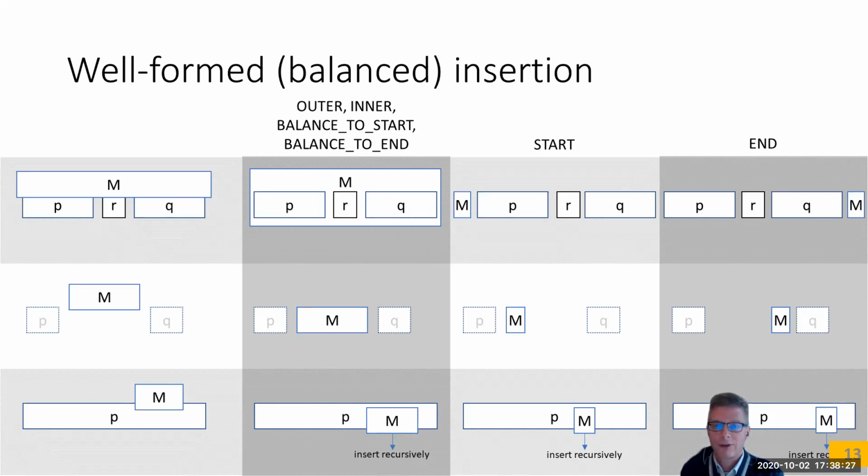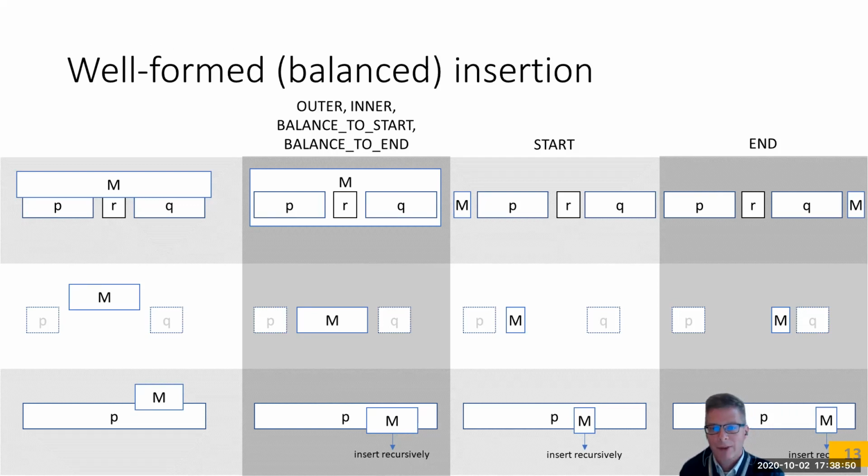In this case, it's P, R, and Q. And if we insert it with the outer-inner balance to start or balance to end strategies, it will just contain the elements P, R, and Q. And M will be inserted in the parent of P, R, and Q at the position where P, R, and Q used to be.